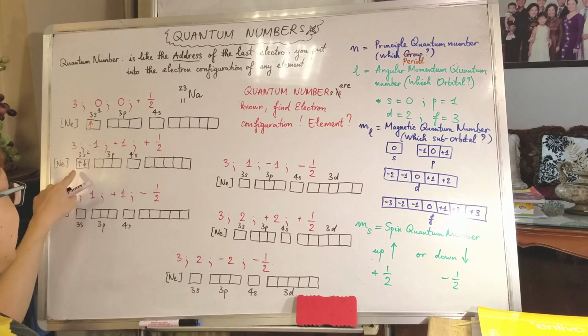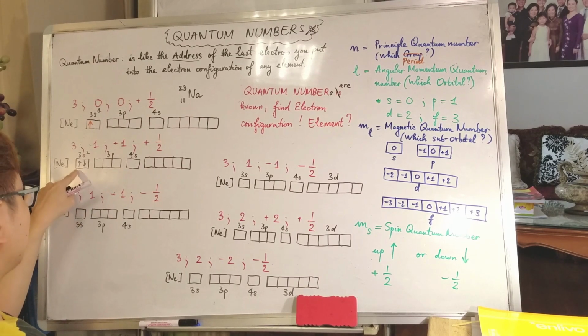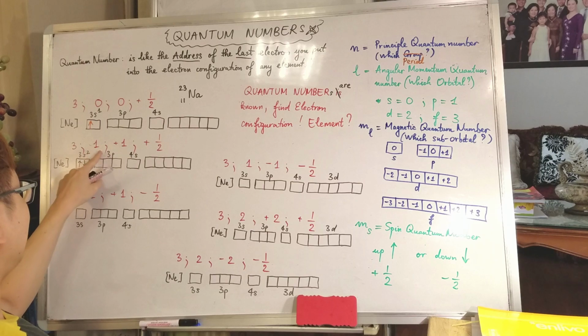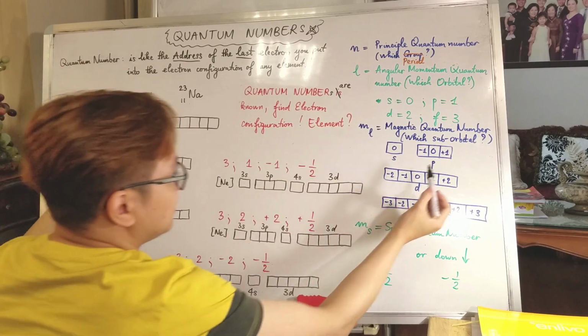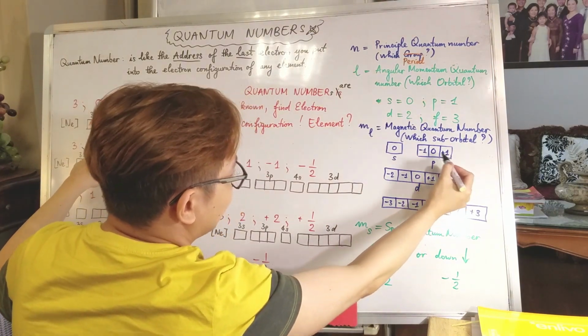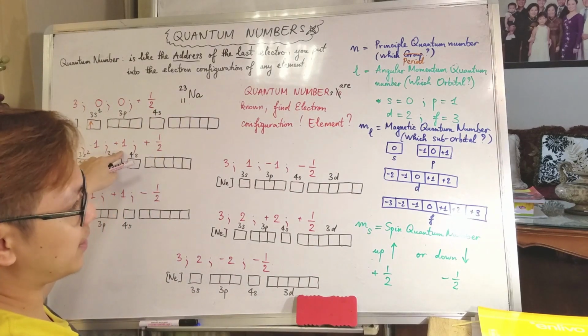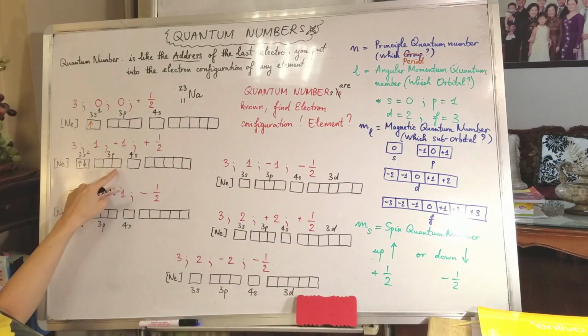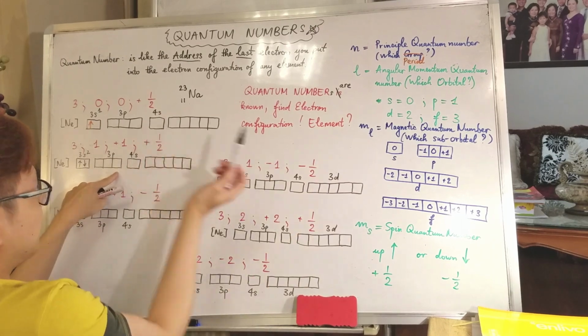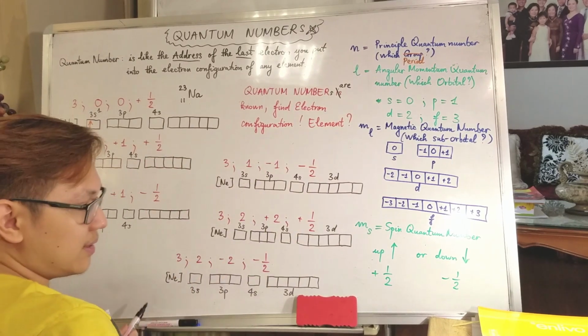Before you reach the P, you have to fill the 3s already. So it has 2 already here. And then plus 1, which means it's going to land somewhere to the right of the center square. So it has to be here, and it's going up, plus half.